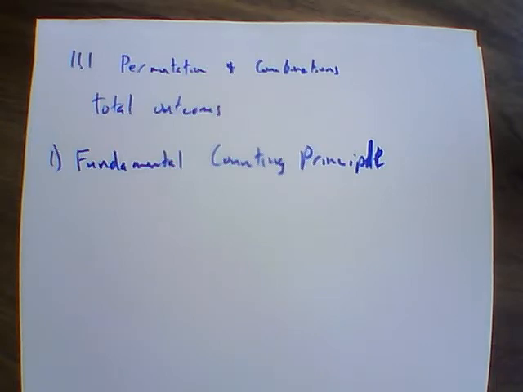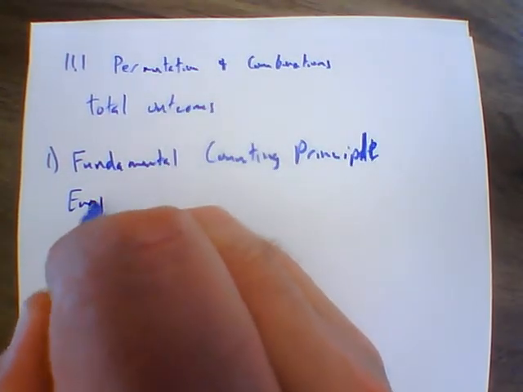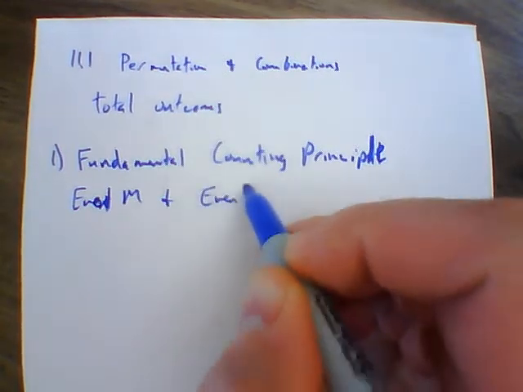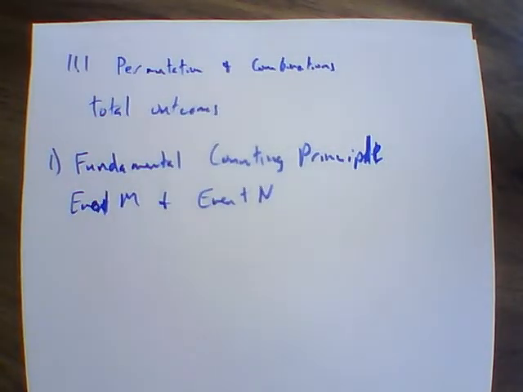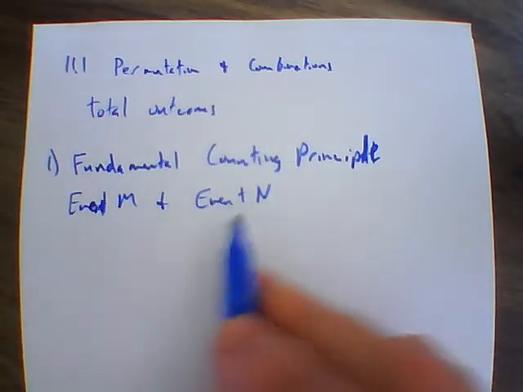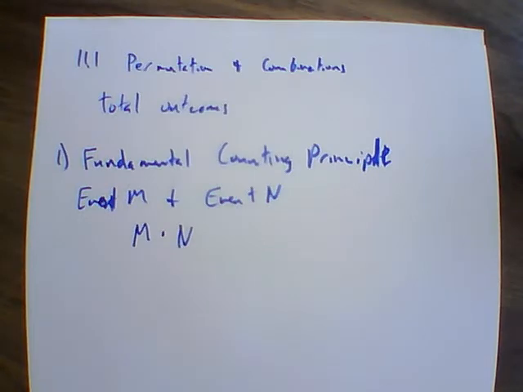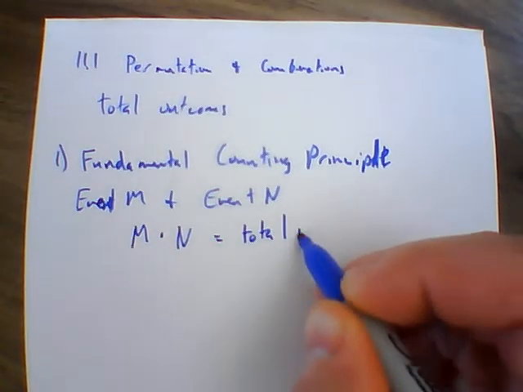If we have separate events, so basically we have event M and event N, and they each have a total number of outcomes, what we do is multiply the separate events together to equal the total outcomes.